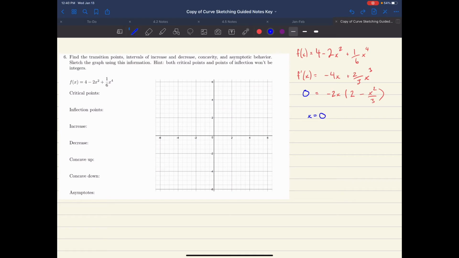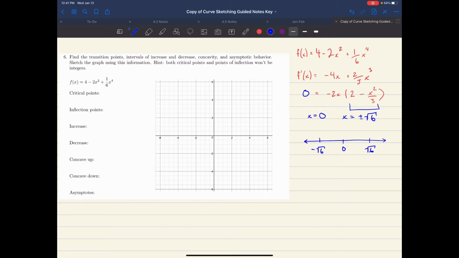And then if we look at the other factor, we would set that to 0, and with that one we would get x equals plus or minus √6. So those would be our critical points. What I'm going to do with this is the number line thing now, and then we'll fill in all those parts as we have them. So we'd have 0, negative √6, and √6.